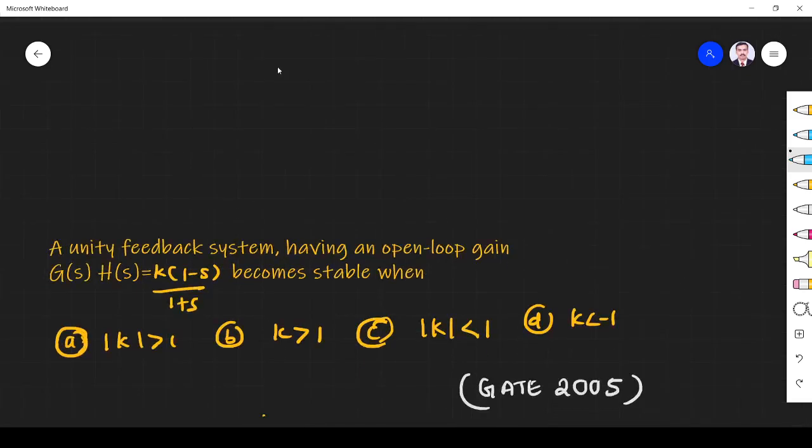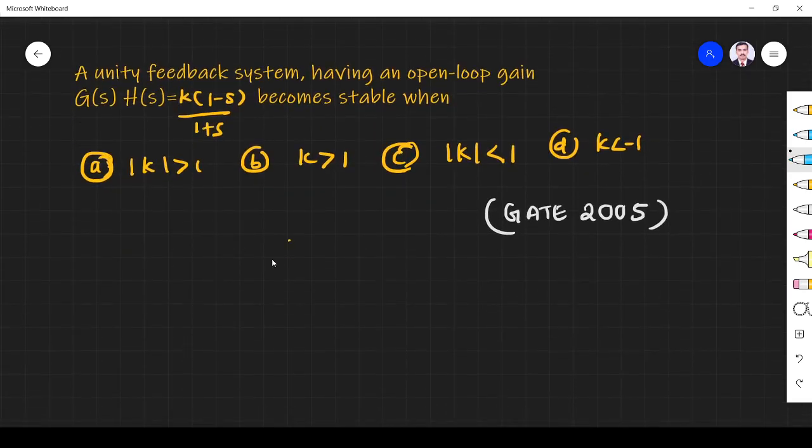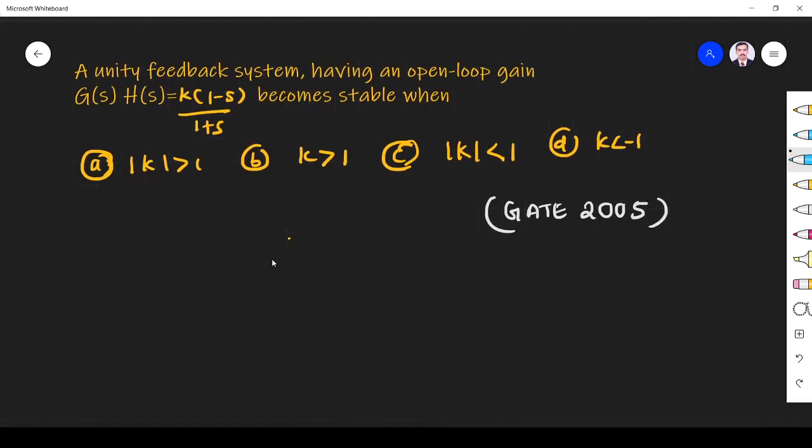Next one, a unity feedback system having an open loop gain of G of s H of s equal to k into 1 minus s divided by 1 plus s becomes stable when? So we have to use the characteristic equation first. What is the characteristic equation? 1 plus G of s H of s is equal to 0. From that we will find when the system will be stable.